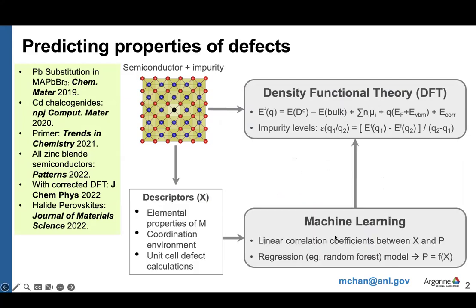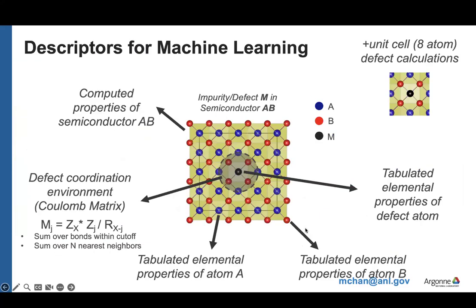So what we try to do is to use machine learning, same idea: have the input from the structure and elemental properties, train a model on DFT data, and then try to determine the property directly using this trained model. Here are the input descriptors.